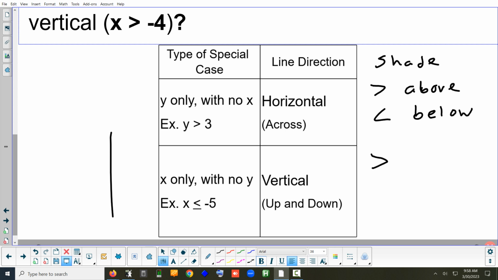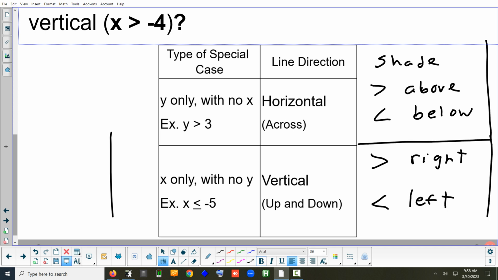If you have a greater than and it's vertical, you don't have an above and a below. Where do you shade when it's greater than and the line is up and down? The right. You shade to the right. And when it's less than, you shade to the left. Good. Okay, so that's the only thing. I think we added that in yesterday.